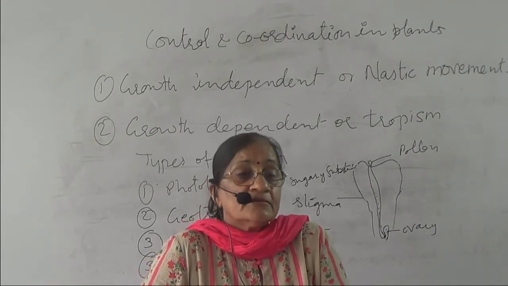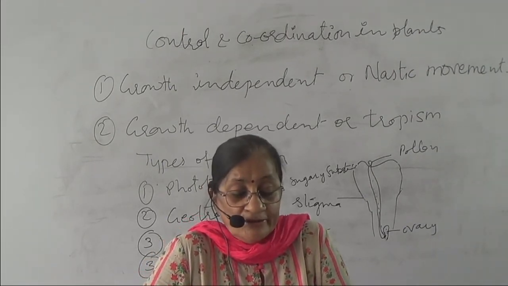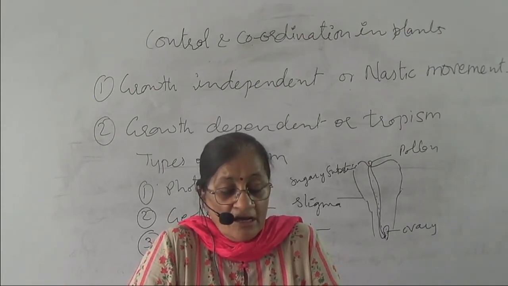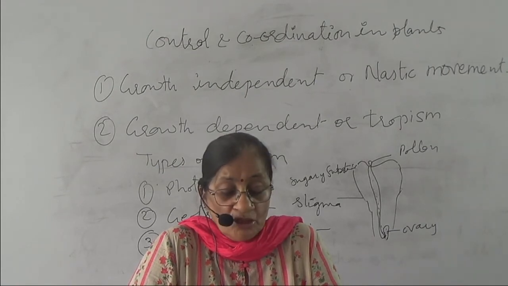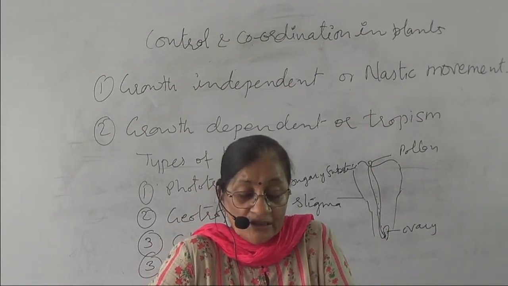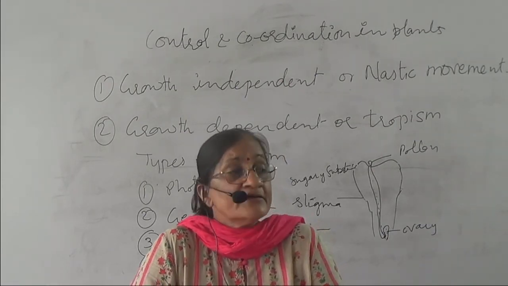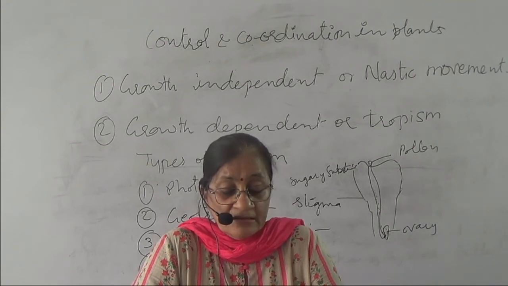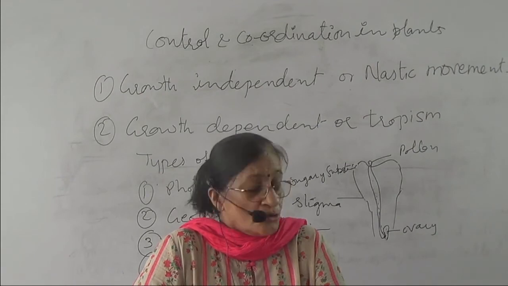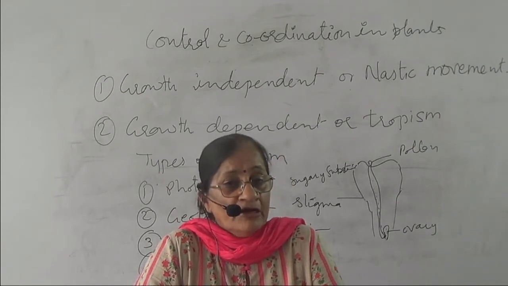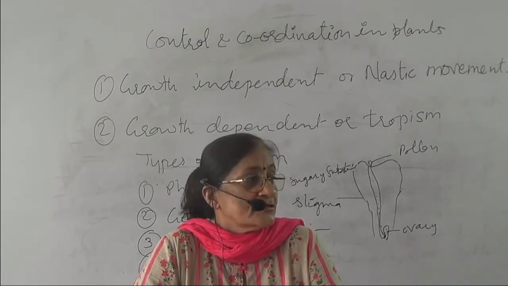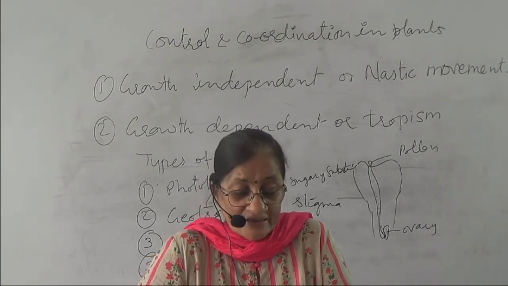As the tendrils come in contact with any support, the part of the tendril away from the support grows faster than the part in contact with the support. As a result, the tendril circles around the support and clings to it. So this movement of tendril around the support is caused by the action of hormone auxin.